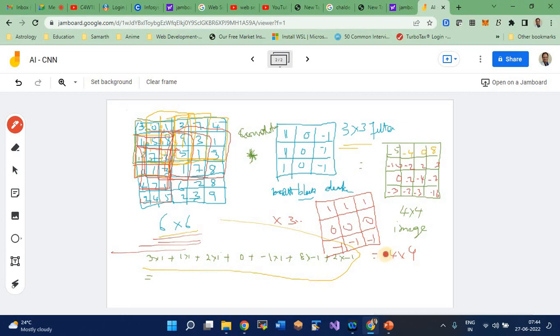So is this the only way? Maybe not. Maybe there might be different ways. So this filter where 1 1 0 is called as Prewitt filter.